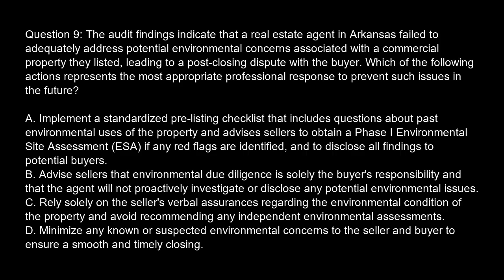Option C. Rely solely on the seller's verbal assurances regarding the environmental condition of the property, and avoid recommending any independent environmental assessments. Option D. Minimize any known or suspected environmental concerns to the seller and buyer to ensure a smooth and timely closing.